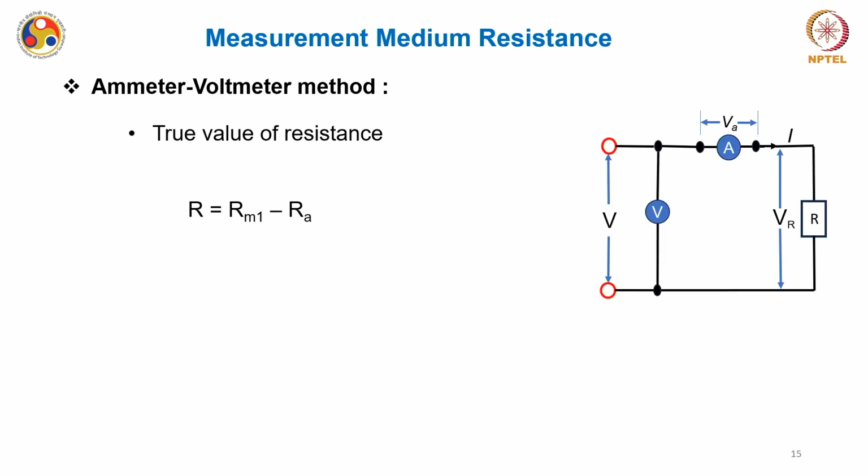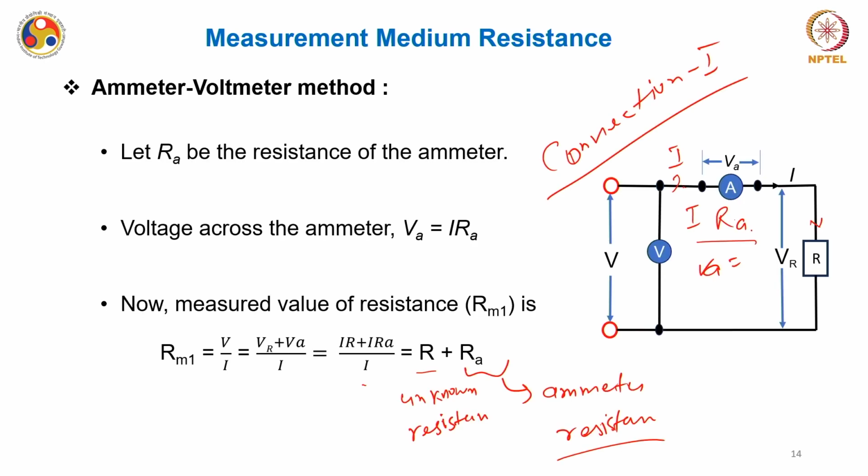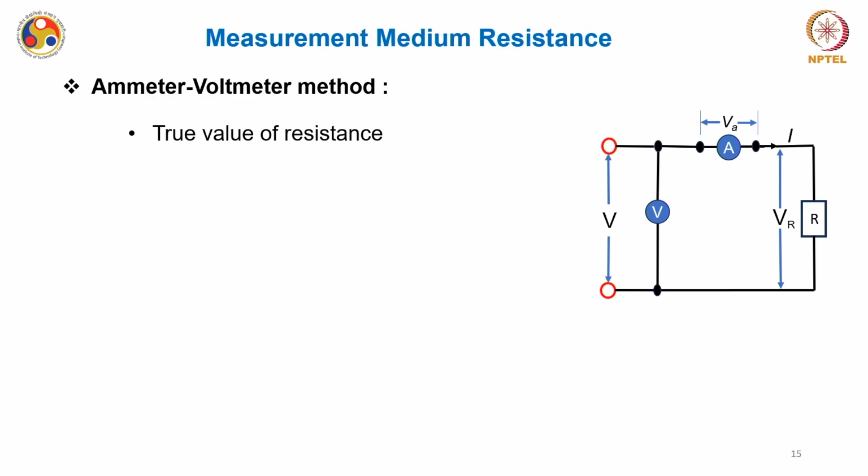Now, if I want to calculate the true value of resistance, I have an equation which says that RM1 is equal to R plus RA, but we are interested in finding R because this was our original unknown resistance. So, R can be simply calculated by subtracting the ammeter resistance from the measured value. The measured value from this circuit condition, connection 1, is RM1.